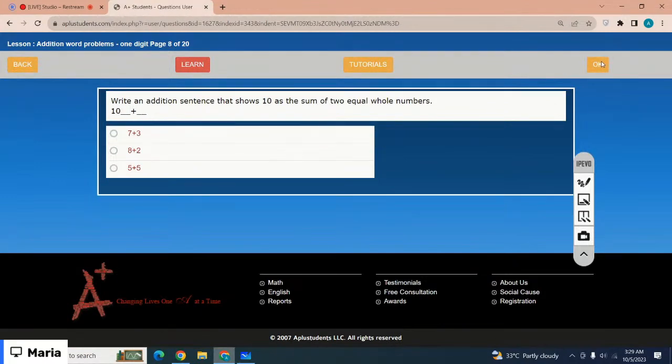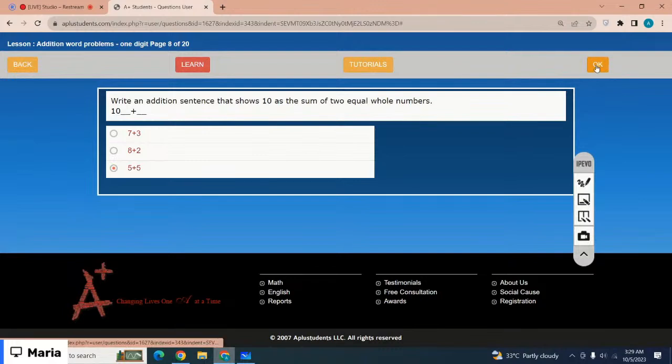The next one is: write an addition sentence that shows 10 as the sum of two equal whole numbers. So which two equal numbers show the sum 10? That would be 5 plus 5. They are two equal numbers, right?